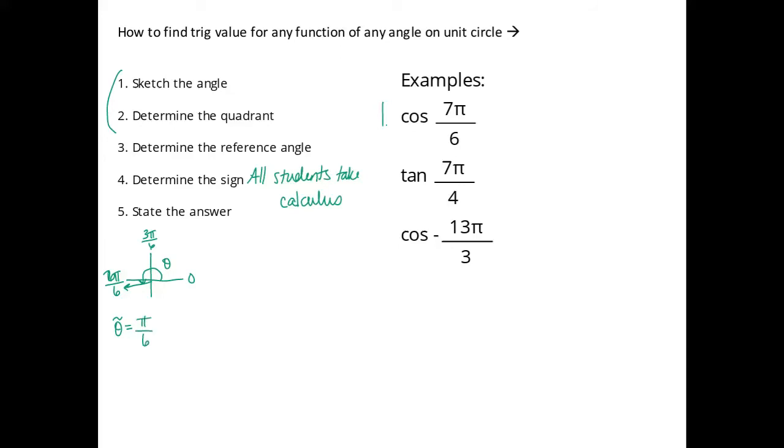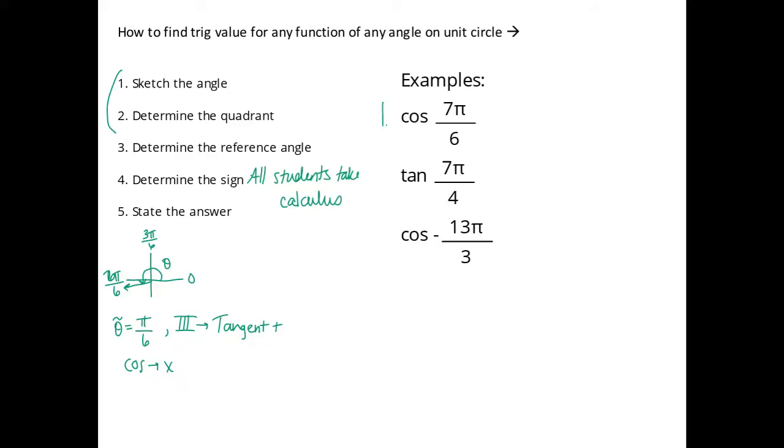And of course, we fell in quadrant 3, where All Students Take Calculus says tangent is positive. We are being asked to find cosine, so we need the x value. Cosine corresponds to the x, right? And the ordered pair for pi over 6, perhaps you're using your left-hand trick.